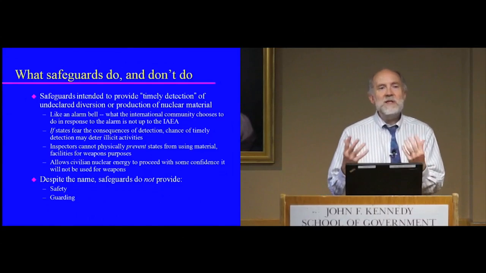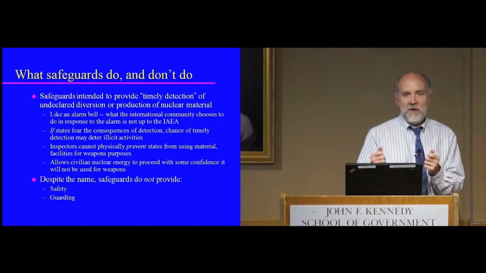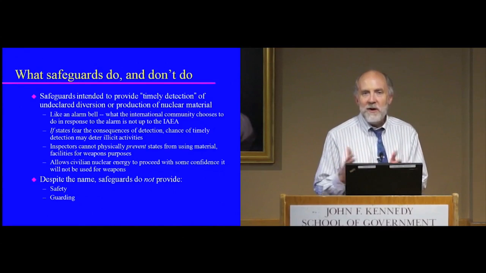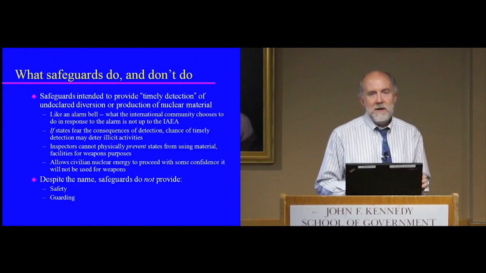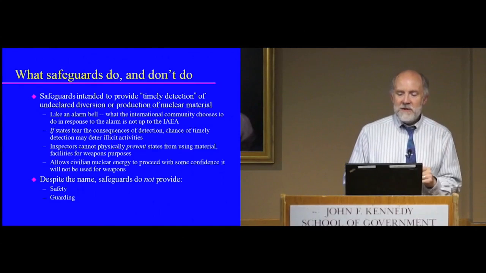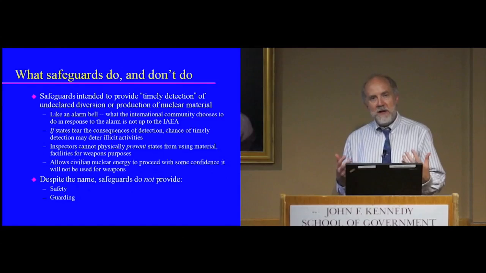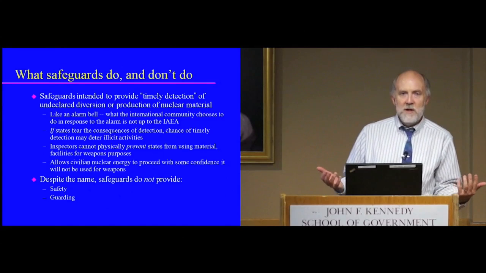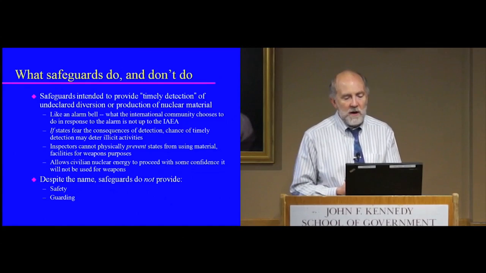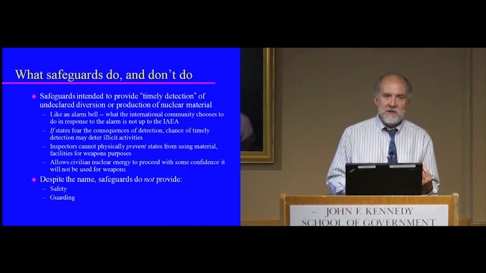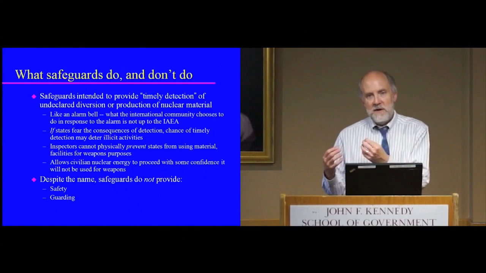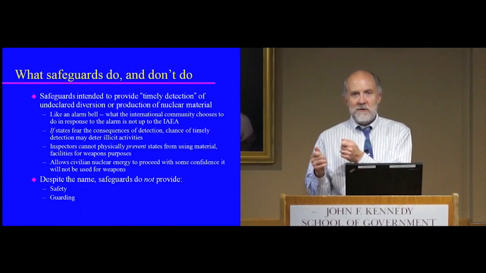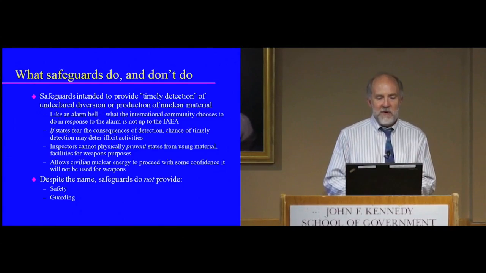They can't physically prevent a state from doing something that it's prohibited by treaty from doing. All they can do is ring an alarm bell. They can say, this is what's happening, and then the international community has to choose what they're going to do about it. So if states fear the consequences of detection, then the chance that they'd be detected doing something illegal might be enough to deter them from doing it.